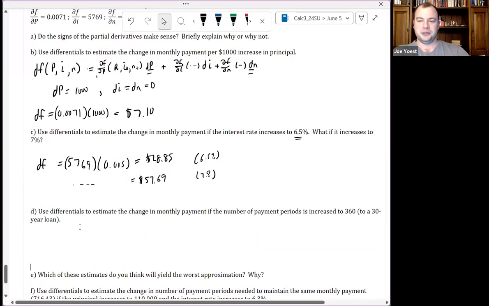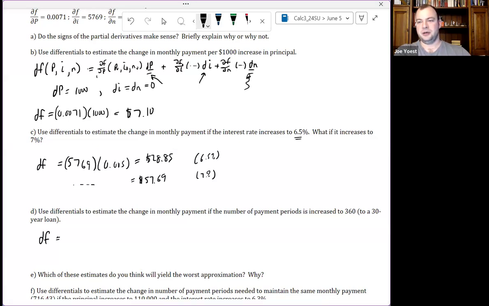And then what if I change the term? What if I went to a 360-month term, so a 30-year instead of a 240-month? Well, now dP is 0. The principal is not changing. dI is 0. The interest rate isn't changing. What's changing is the term. dN, I'm adding 120 months, 240 to 360.